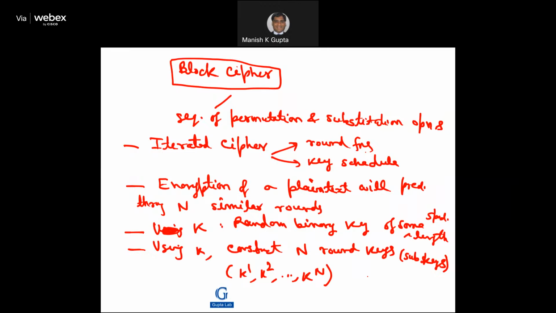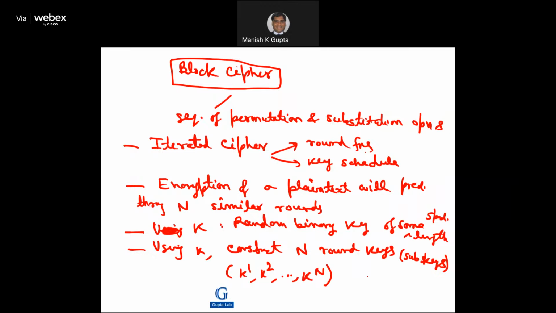So encryption of a plain text will be through n similar rounds, and we use a random binary key of some specified length. If the length is small, you can break the system easily. If the key is of longer size, you can make sure that we are not able to break it.